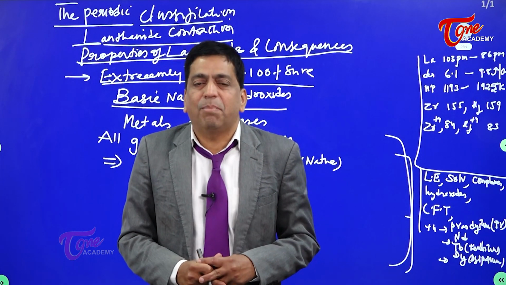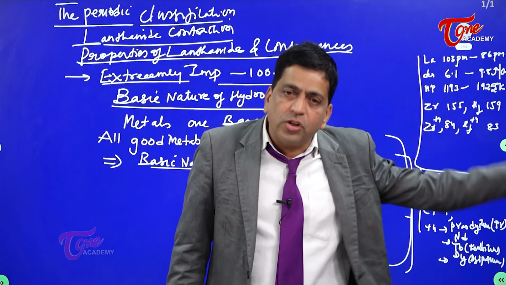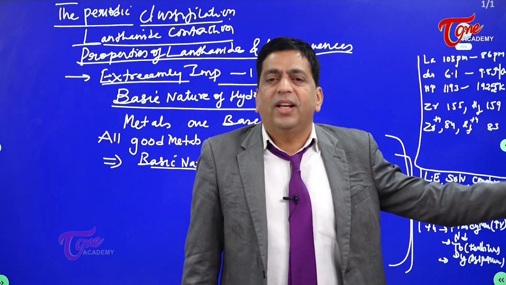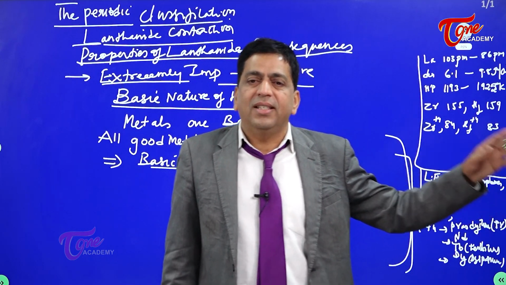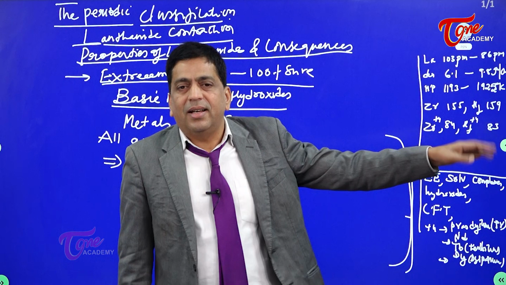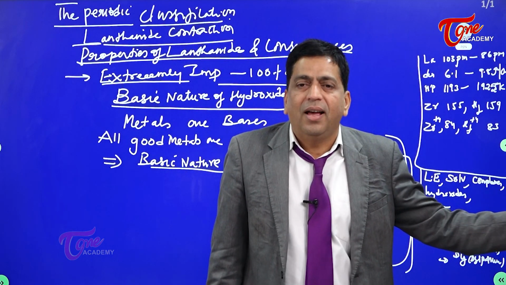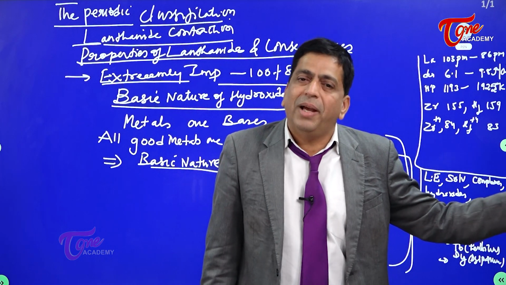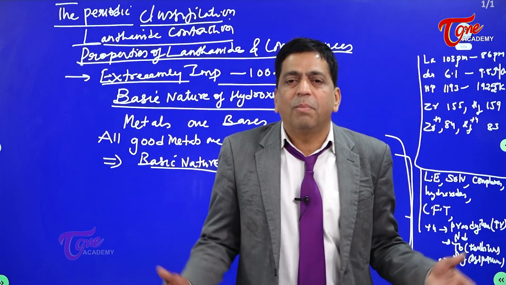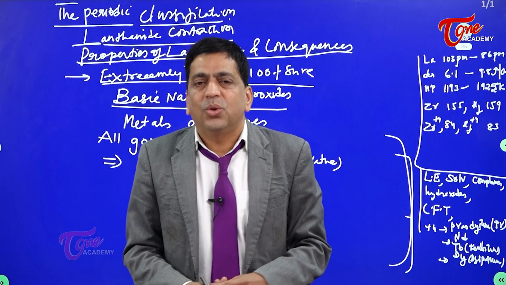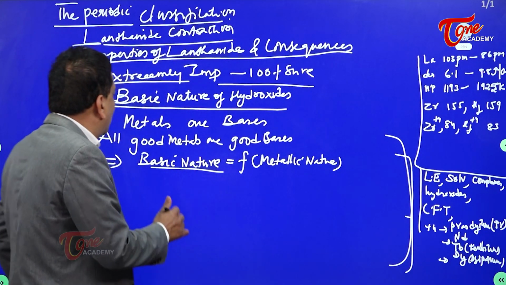And great metals are placed to the extreme left, bottom rather. So you will have the alkali metals, hence the name alkali. Alkali metals are the best metals in the periodic table, and they would like to be more basic. That's what it is. So I write synonymous statements here.